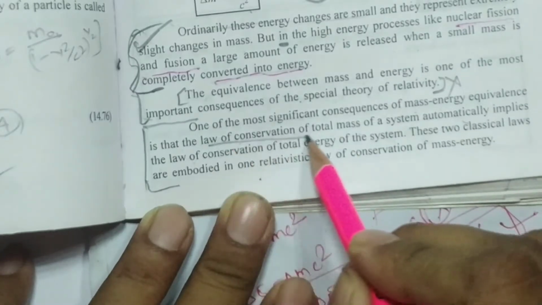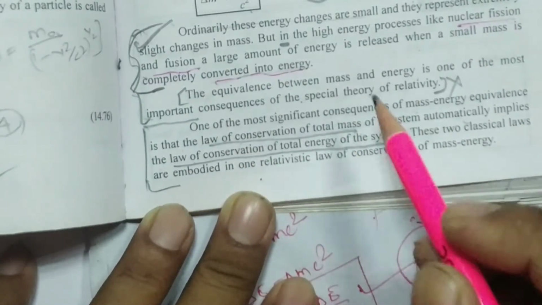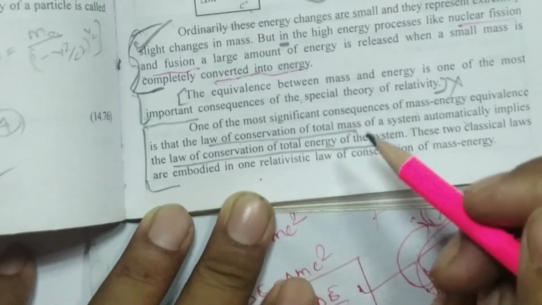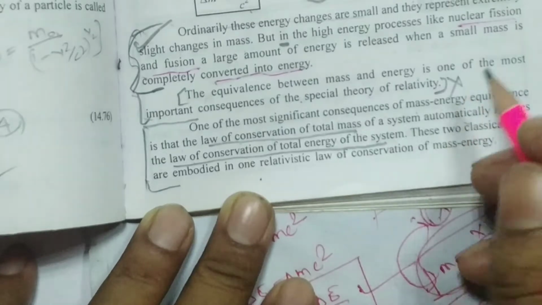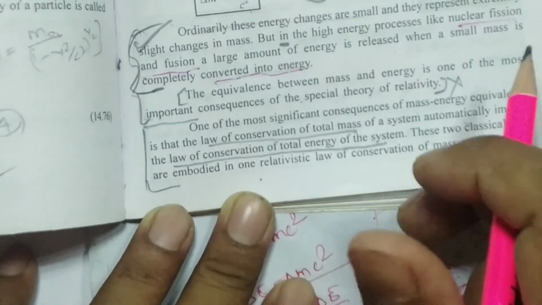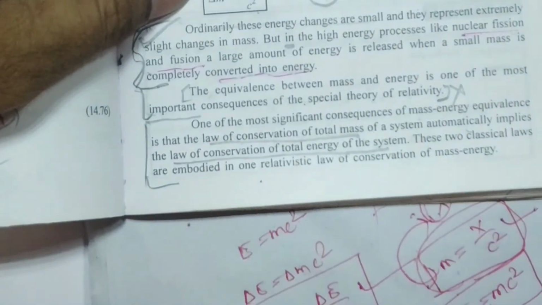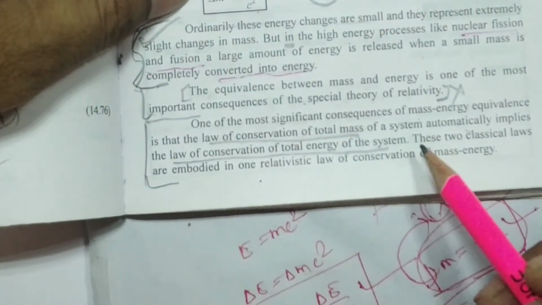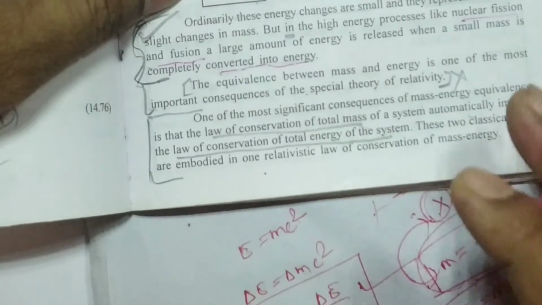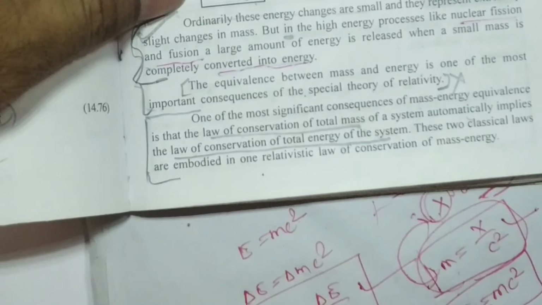Law of conservation of total mass and law of conservation of total energy of the system come into the picture simultaneously, and both are conserved with each other without violating any physics.